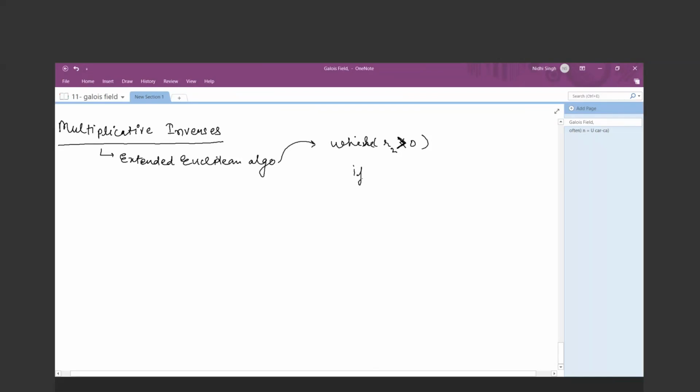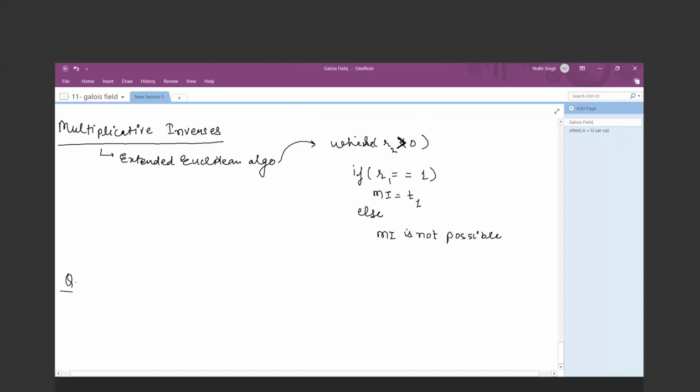When this condition is terminated, you have to check the value of R1. If the R1 value is equal to 1, then the multiplicative inverse is the value of T1. If the R1 value is not 1, then you print that the multiplicative inverse is not possible. This is a short form of the extended Euclidean algorithm for understanding and revision.